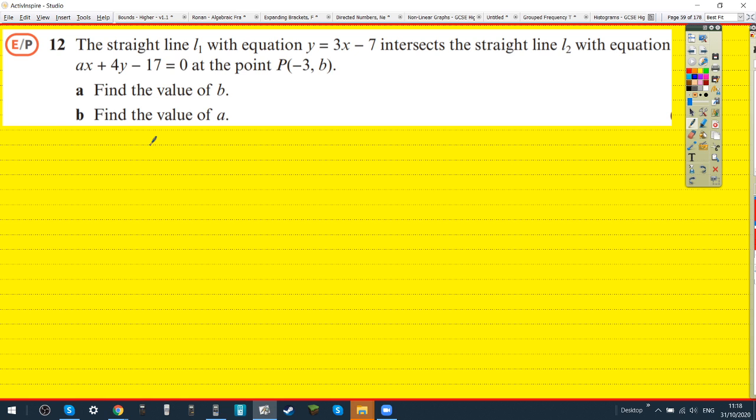So it'd be minus 9 minus 7, which is minus 16. So y is minus 16, so b is minus 16. How about a?